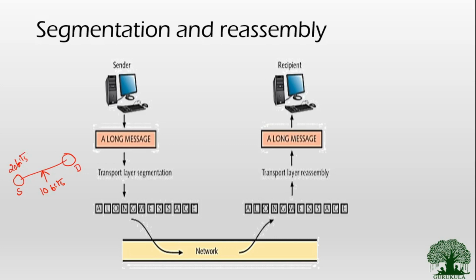So what happens is this 20 bits of data will be divided into two chunks, one with 10 bits and another part which carries 10 bits. So this 20 bits of data will be transmitted as two different parts. This is what we call packet 1 and this is what we call packet 2.